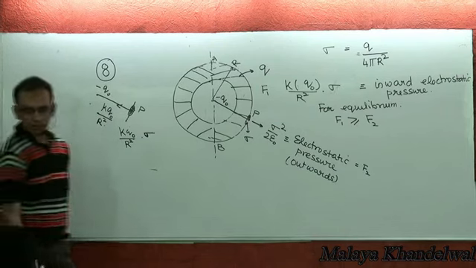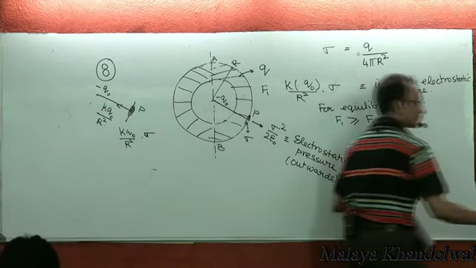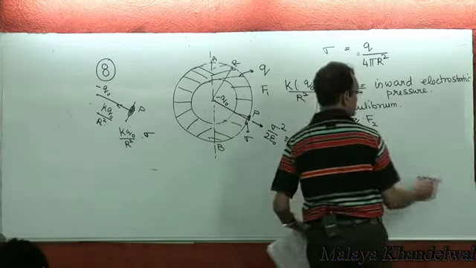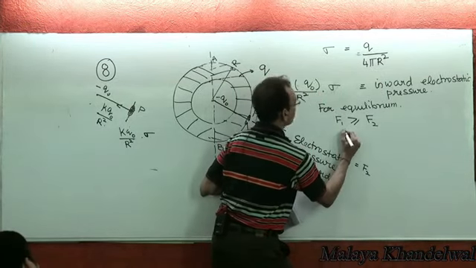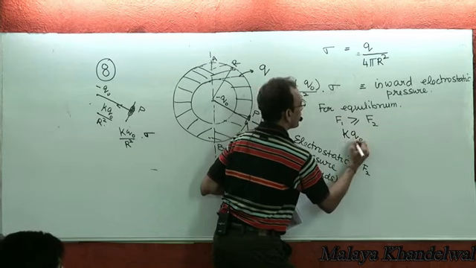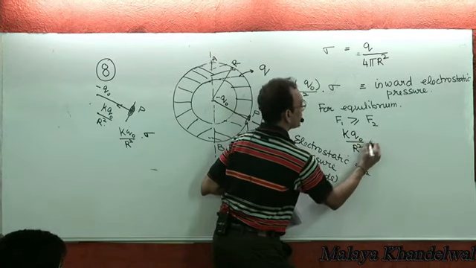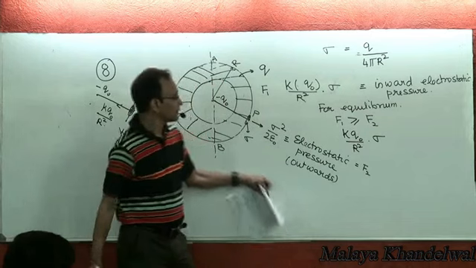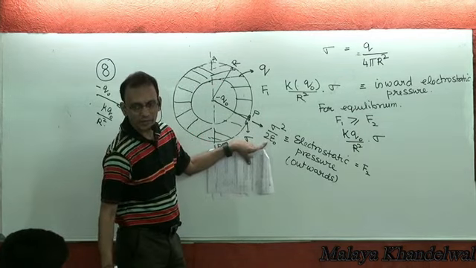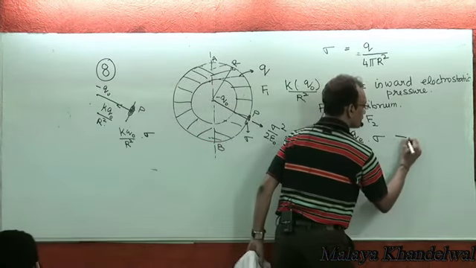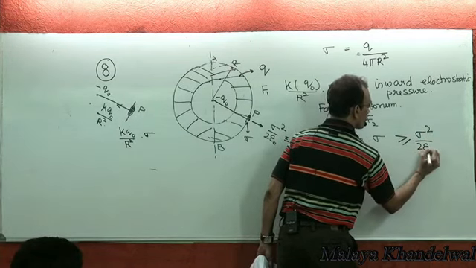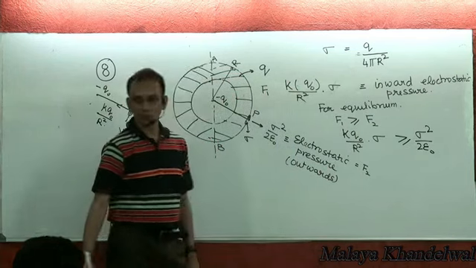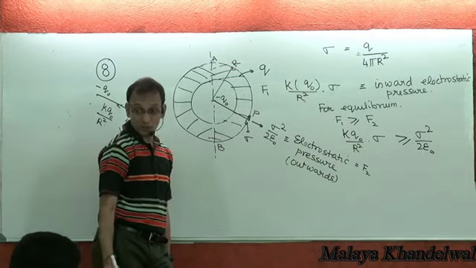That must be the requirement towards equilibrium. Which means, what is F1? F1 is KQ naught by R squared into sigma. That must be greater than or equal to sigma squared by 2 epsilon naught. That's the condition for equilibrium.